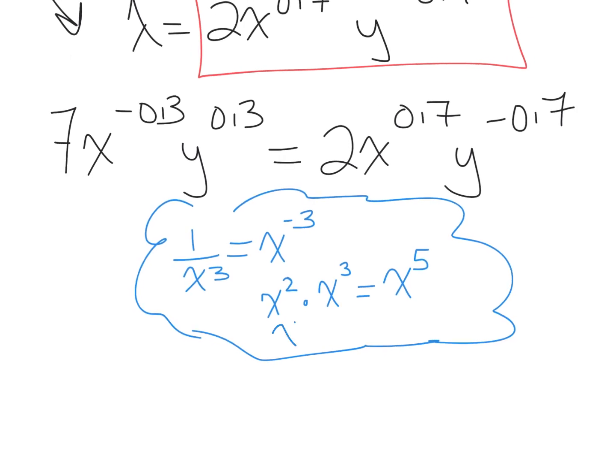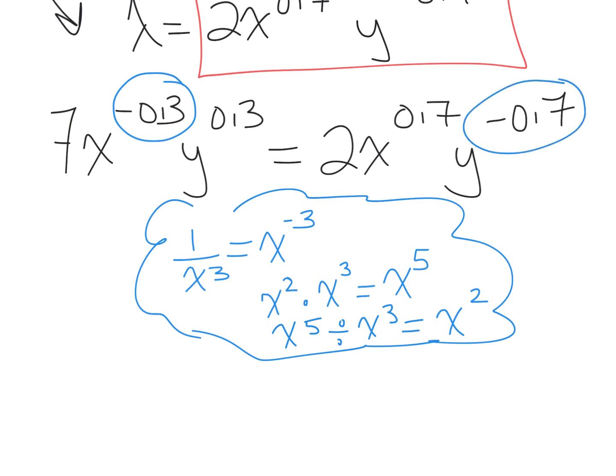And conversely, if we had x to the 5th divided by x cubed, as long as they have the same base, then we subtract the exponents. So that's our little rules of exponent lesson, because it becomes relevant here when we look at negative exponents on both of those, the x variable and the y variable.